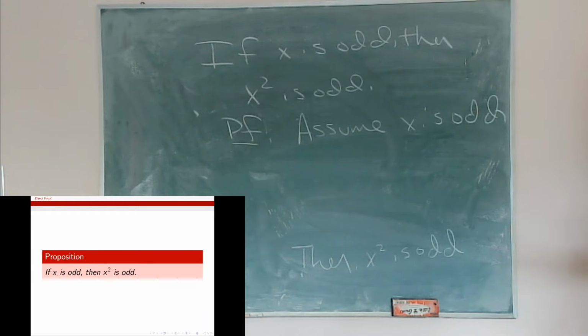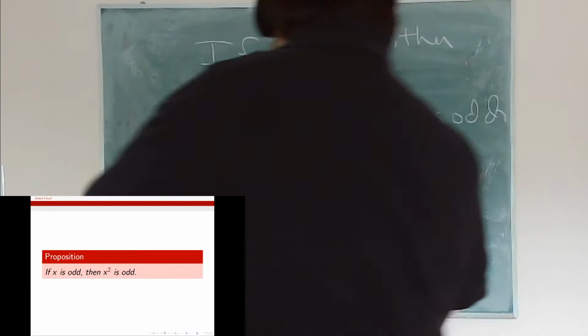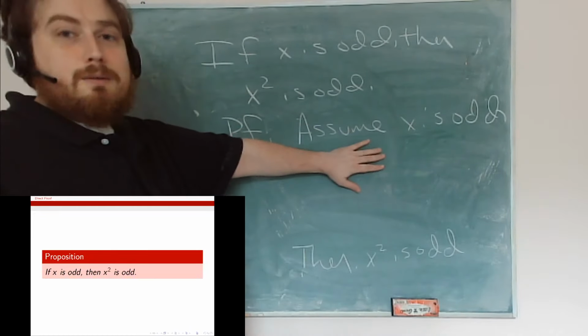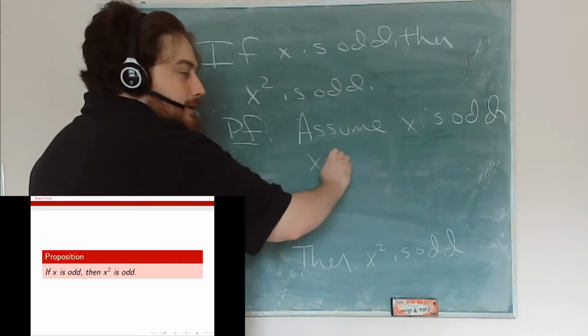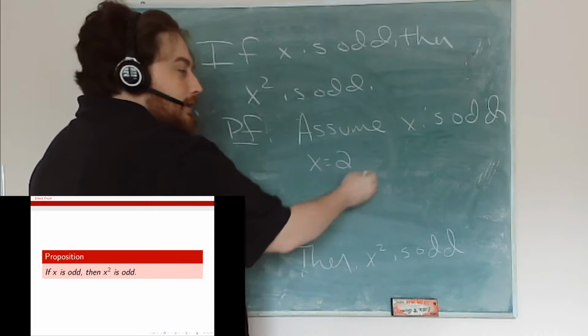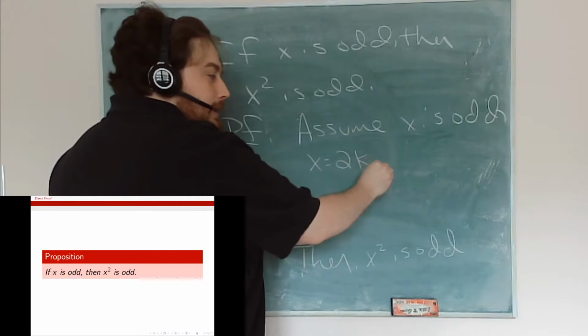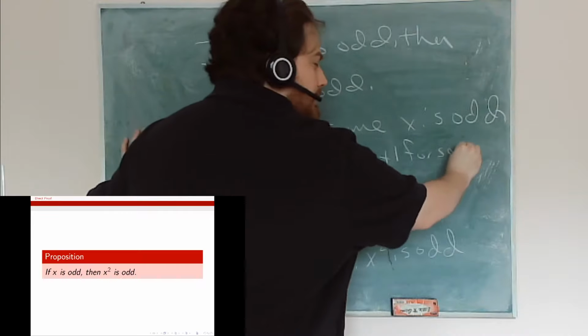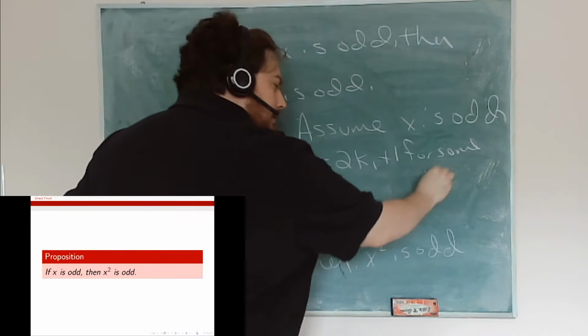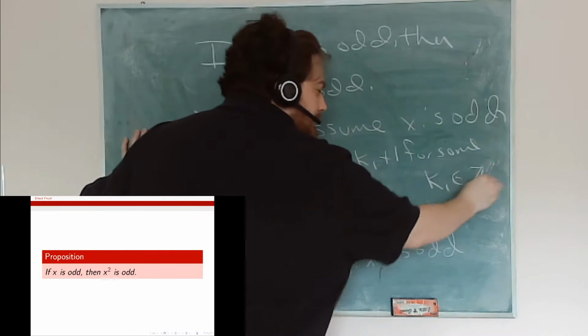Now, what we have is we get to assume this, and we have to show this. So the next thing we're going to do is just say, well, what does it mean for x to be odd? Well, that means x is 2 times, and instead of a, I'm going to use k1, plus 1 for some integer k1.